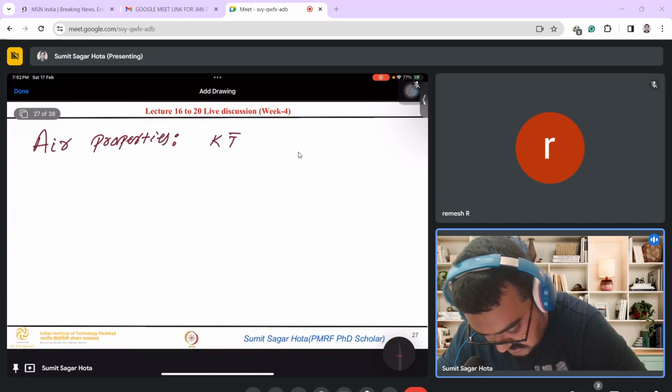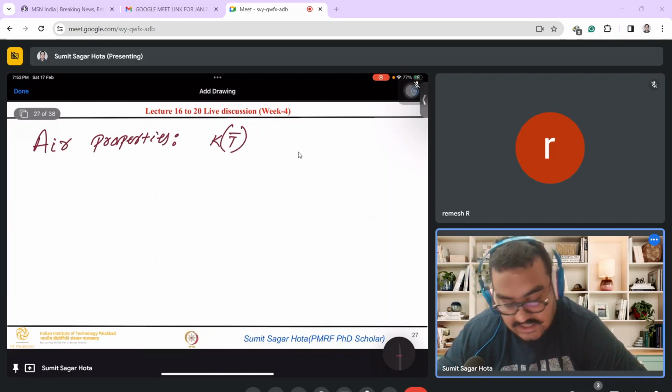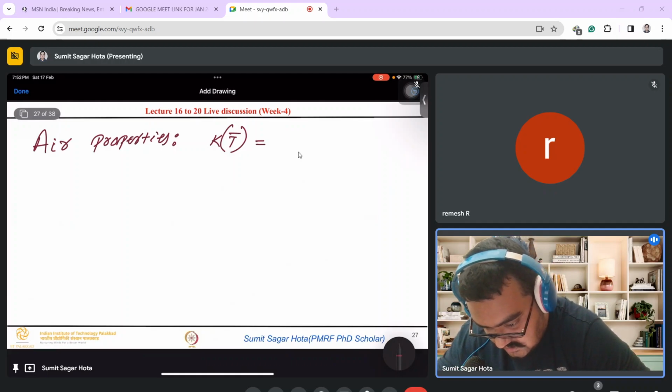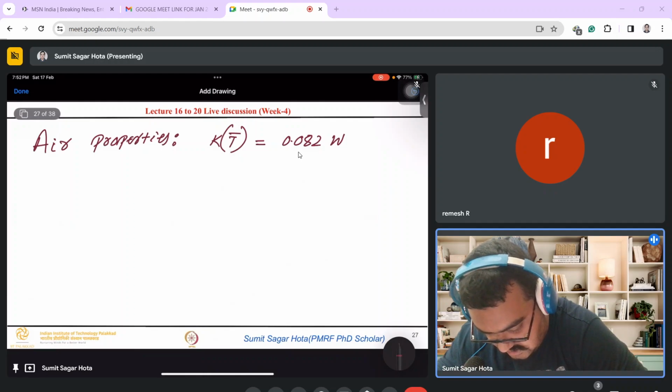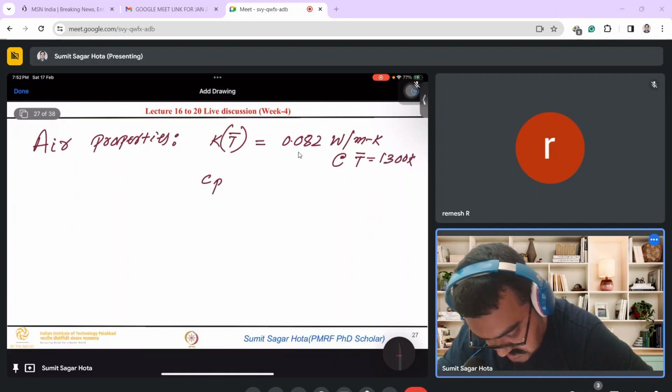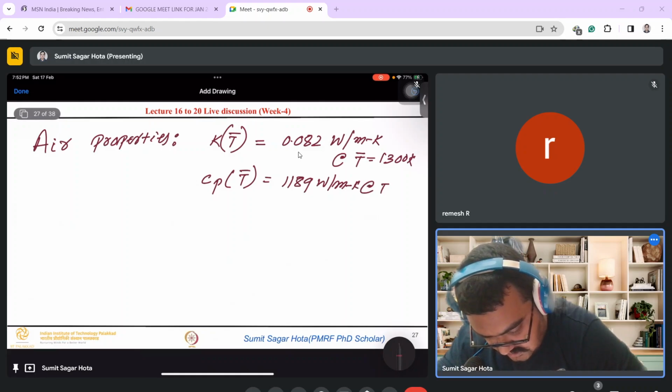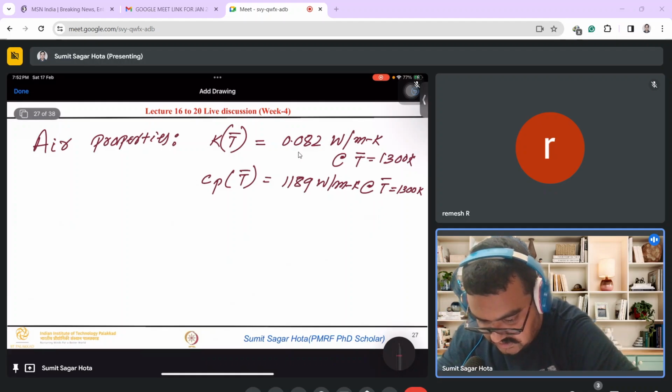Thermal conductivity, you have to take everything at T bar, is equal to 0.082 watt per meter Kelvin at T bar equal to 1300 Kelvin. Cp at T bar is equal to 1189, with T bar equal to 1300 Kelvin.